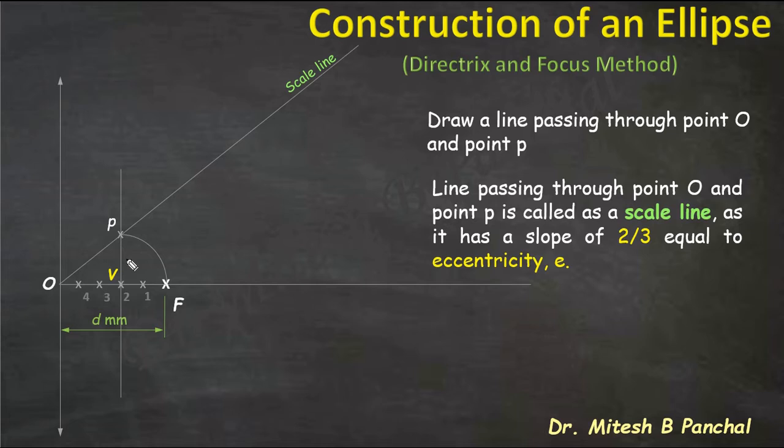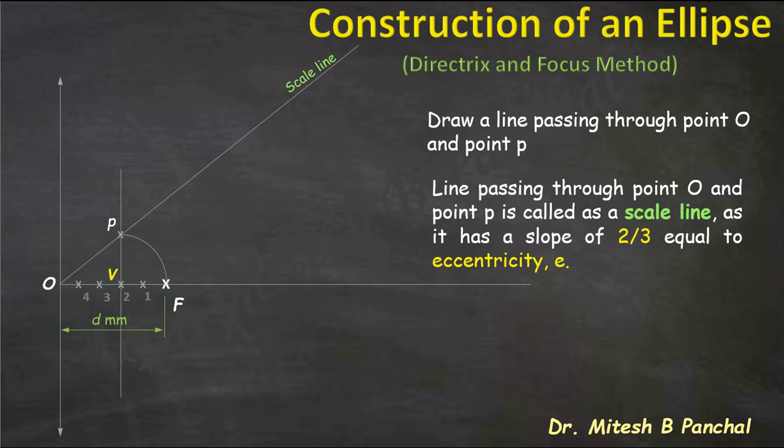So this vertical distance, that is VP, is the 2 unit, while OV is the 3 unit. So the slope of this line is 2 by 3, that is y by x. So this line defines the slope, that is equal to eccentricity, which is the given required data to draw an ellipse.